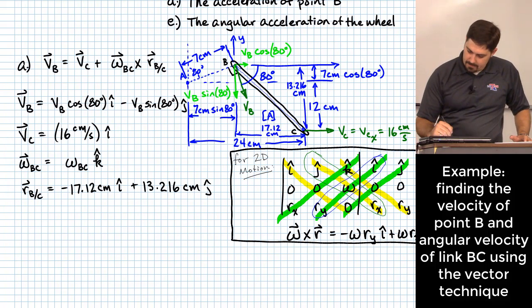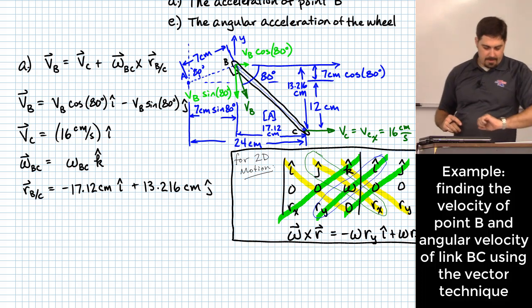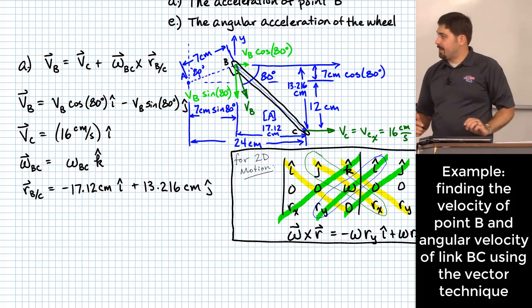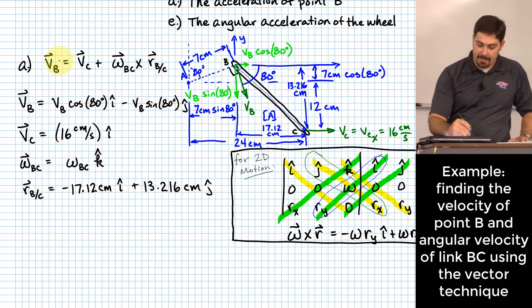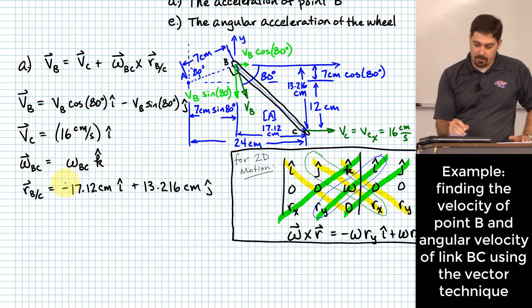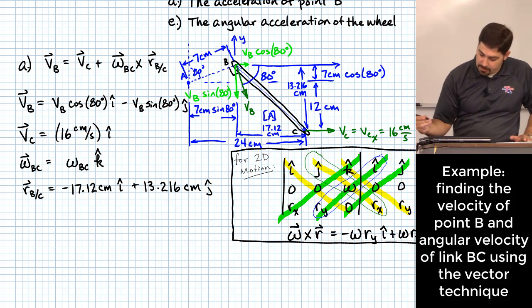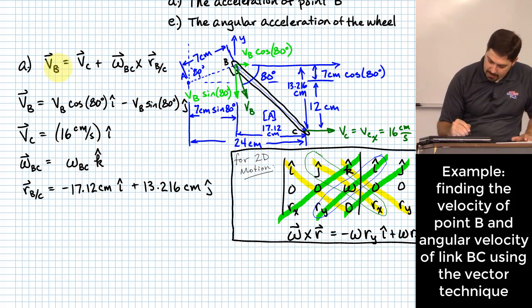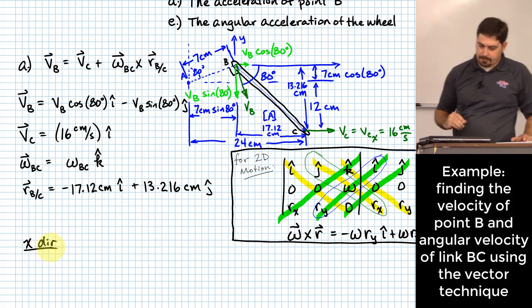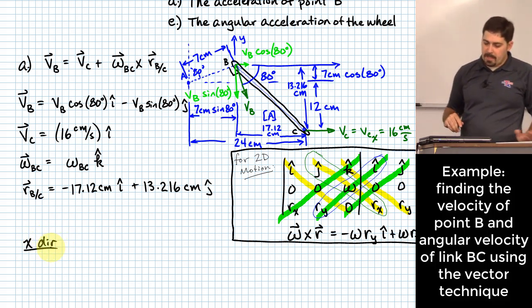All right. So, all that being done, we are ready to look at the 2 different directions that are implied by this vector equation. Okay? So the first direction is going to be the x direction. So I'll just put that with a label up here in the x direction. Okay? VB, what is my x component of VB?